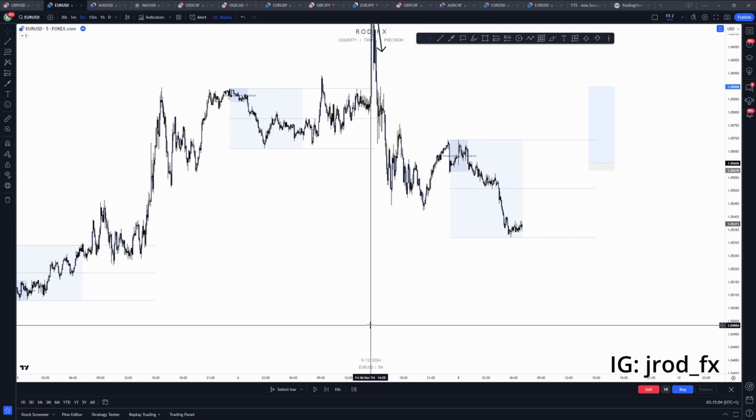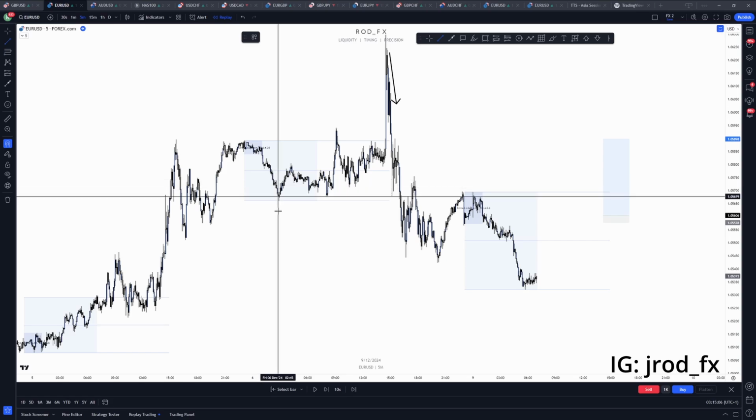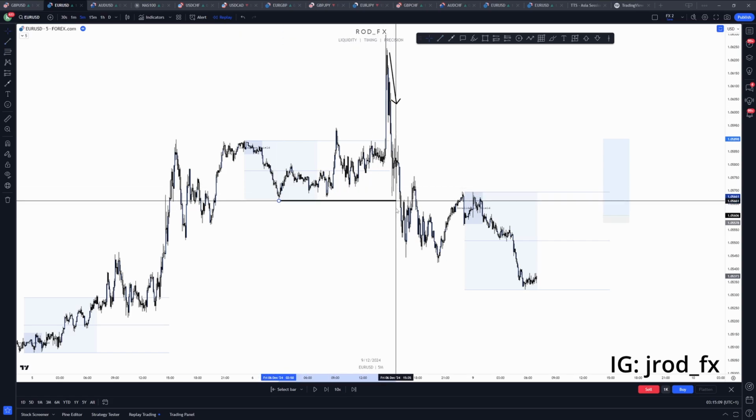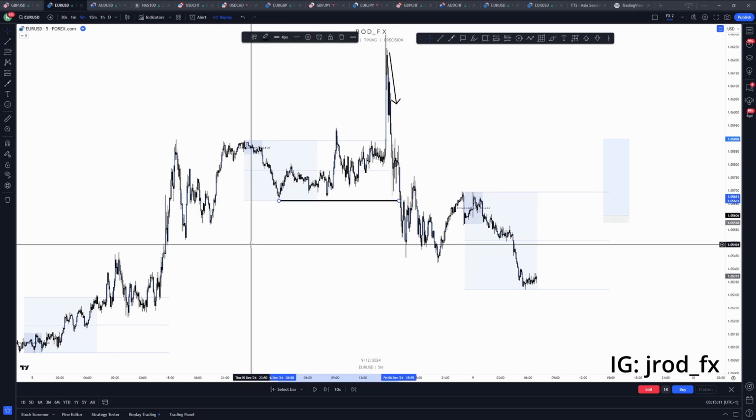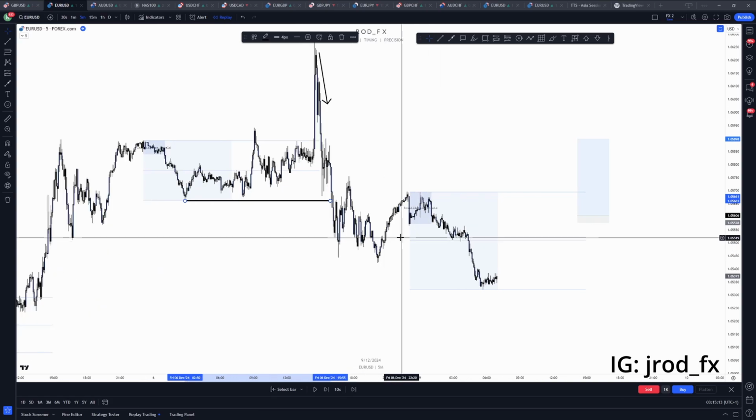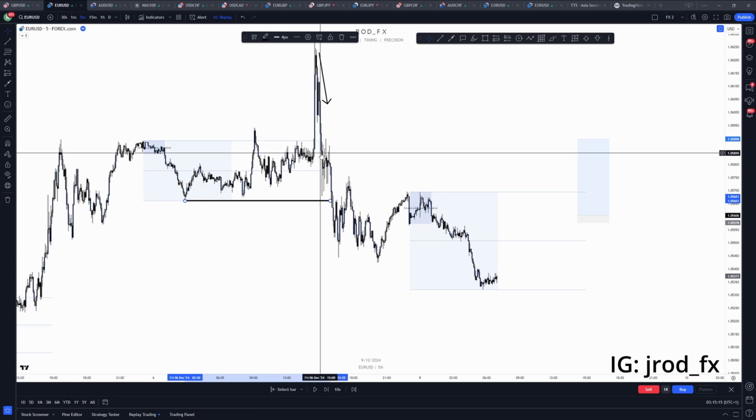At this point in time, we had what we call the first structural shift. At this particular moment, the structure has been switched.